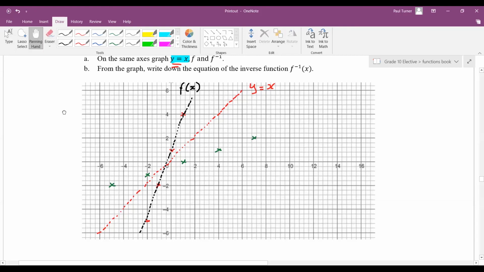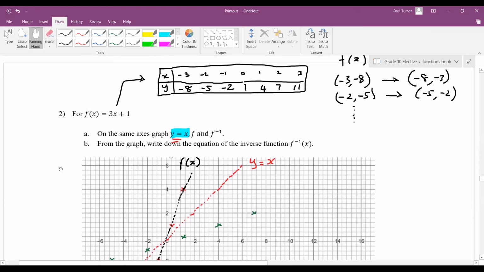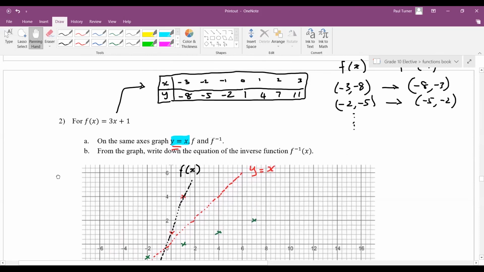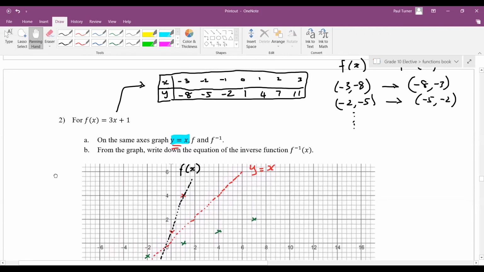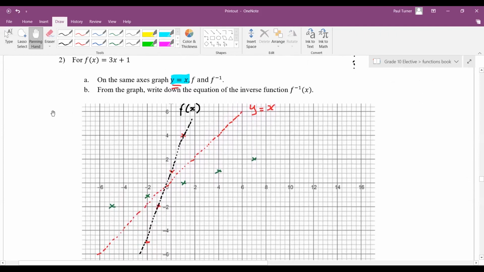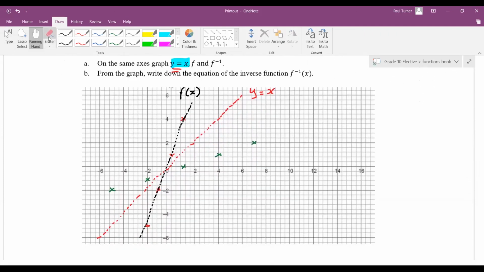Okay, time nearly up, so we'll just finish this graph, and then we'll learn how to write the equation on the next lesson. So (3, 11) will become (11, 3), which is about here. So you're going to get your inverse, and it will pass through here.